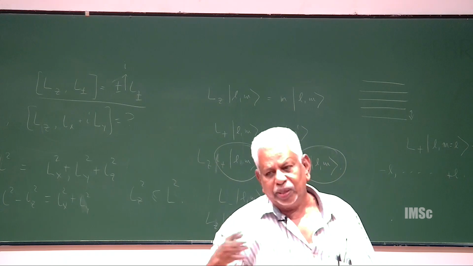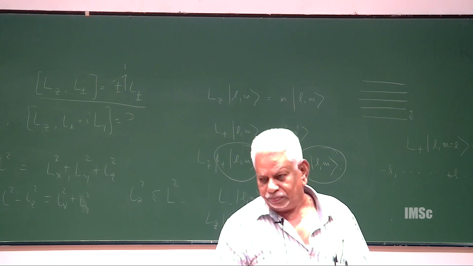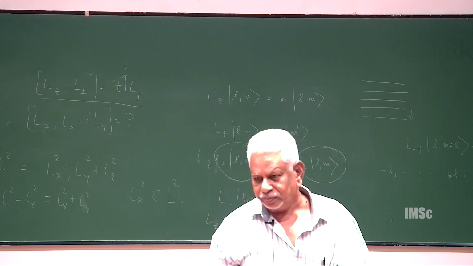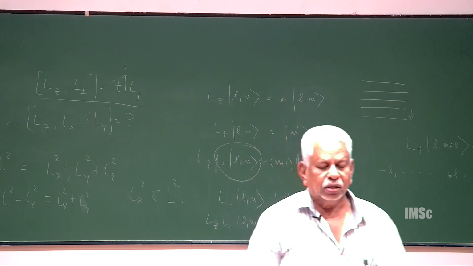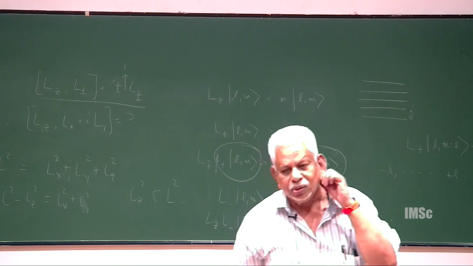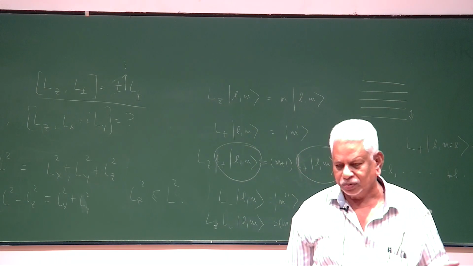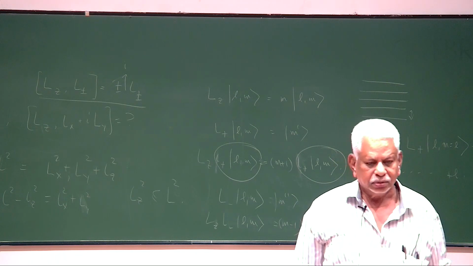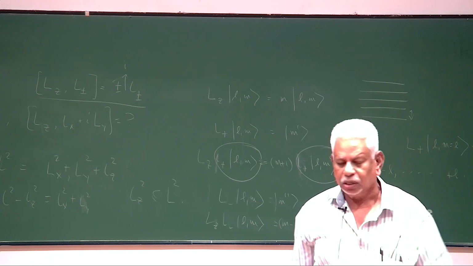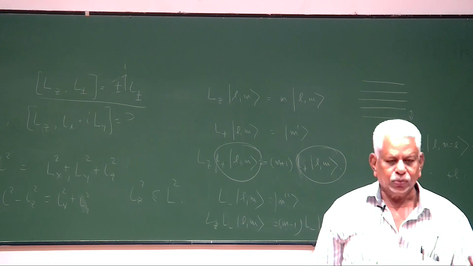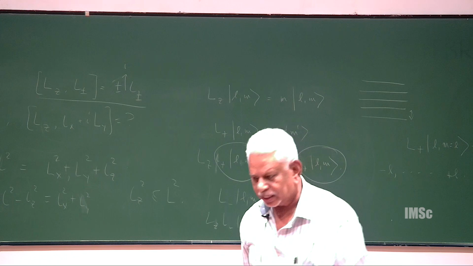Acting again and again by L minus, you will go to the lowest value. The number of values from minus L to plus L, if they are integers, is 2L plus 1. Take any number 5, you start from minus 5 to plus 5, how many integers are there? That is all, 2L plus 1, as simple as that.